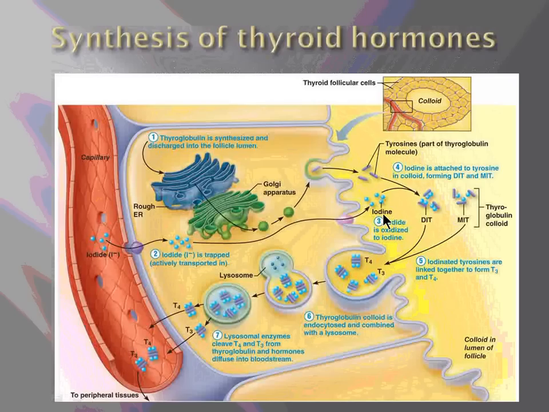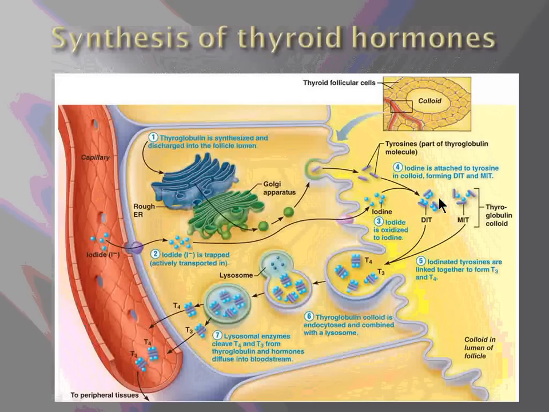Now this iodine attaches to tyrosine molecules. When one iodine attaches to a tyrosine molecule, it's known as monoiodotyrosine. When two attach, it's known as diiodotyrosine. Can you see that? Your monoiodo will have one molecule of iodine, diiodo will have two. That's why it's called diiodo.